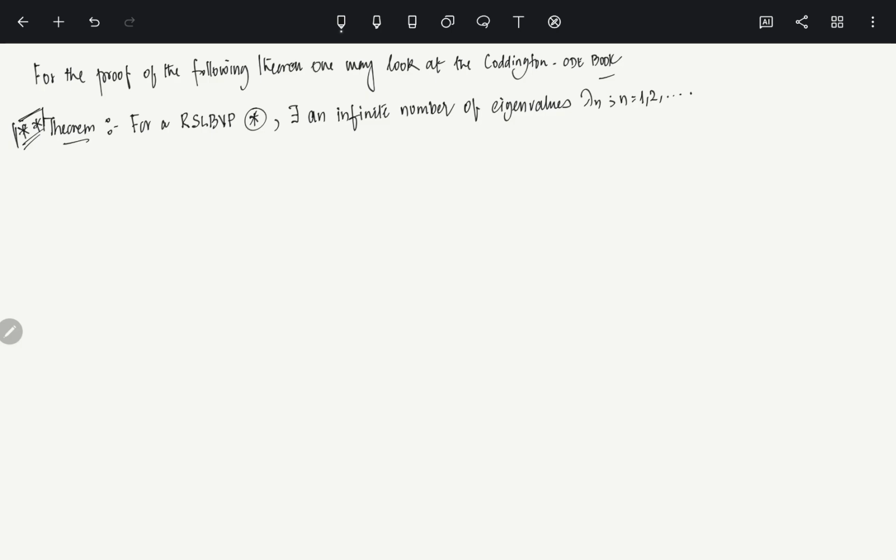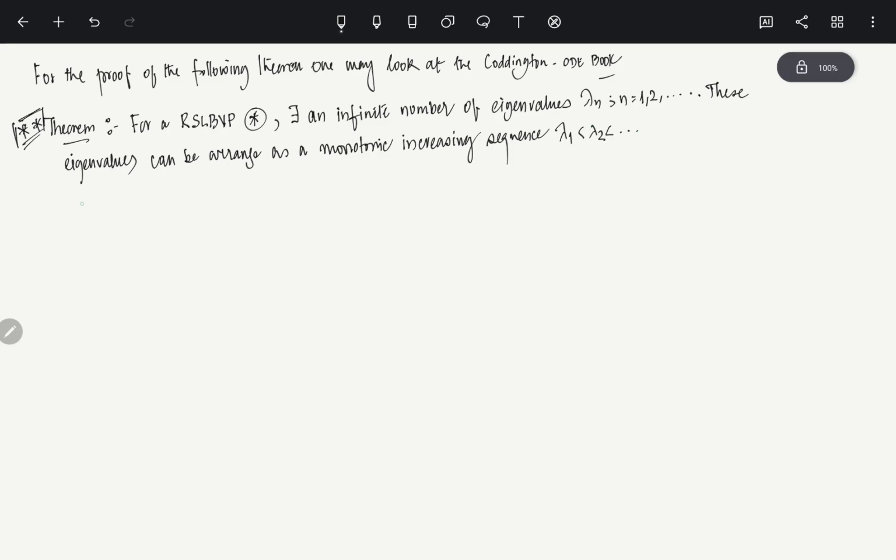These eigenvalues can be arranged as a monotonically increasing sequence: lambda 1 less than lambda 2, and it goes on like this.